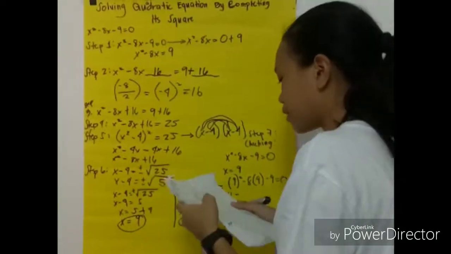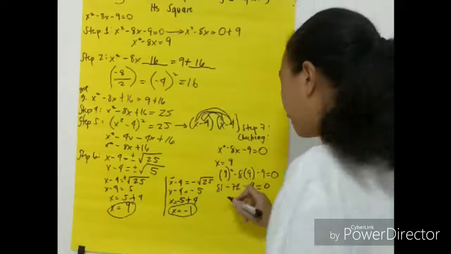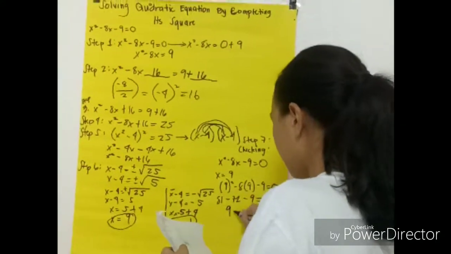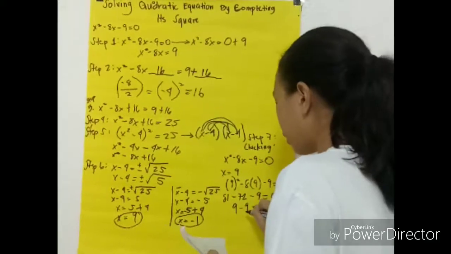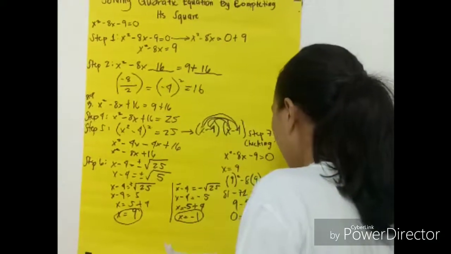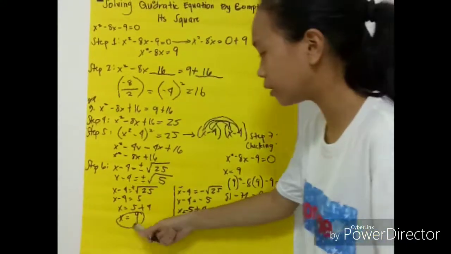Minus 8 times 9 equals 72. Minus 9 equals 0. So, 81 minus 72 is 9. Minus 9 equals 0. So, 9 minus 9, 0 equals 0. So, check. Tama tong sagot na 9.